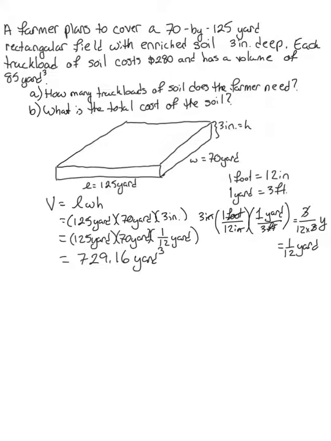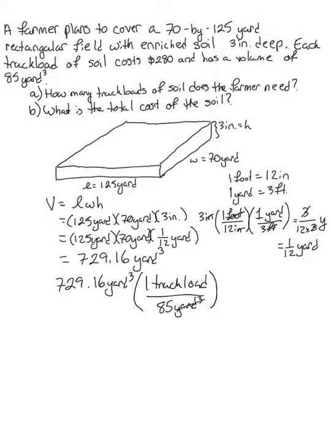So for that, we can take our 729.16 cubic yards and multiply it by 1 truckload per 85 cubic yards. And the cubic yards will cancel out and we'll just be left with truckloads.